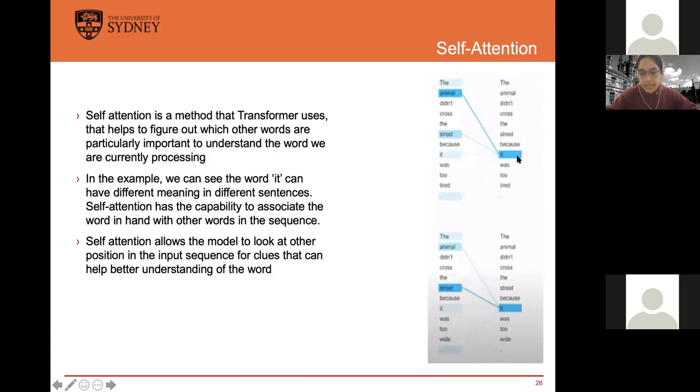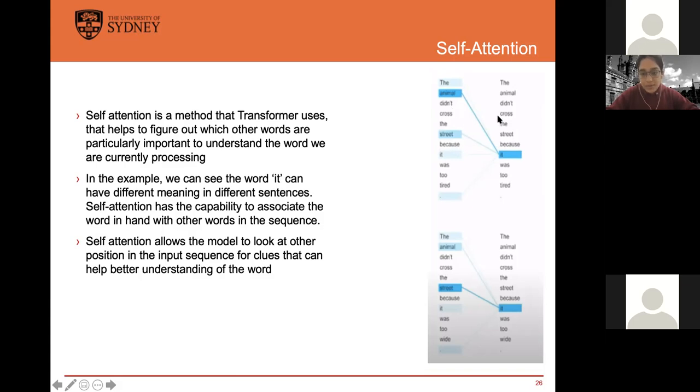When you are processing the word it, the self-attention mechanism helps to see that it is associated with other words in the sequence.